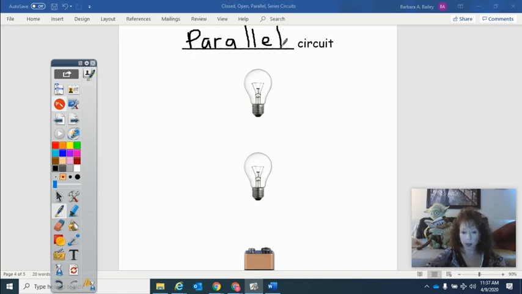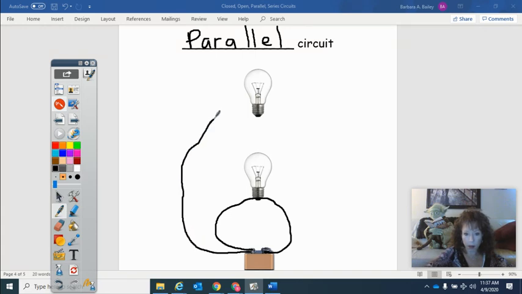So once again, we have a battery. We've got two light bulbs, and they're being powered by the same battery. So in a parallel circuit, each light bulb, or whatever the load is that you're trying to power, has its own circuit to the power source.